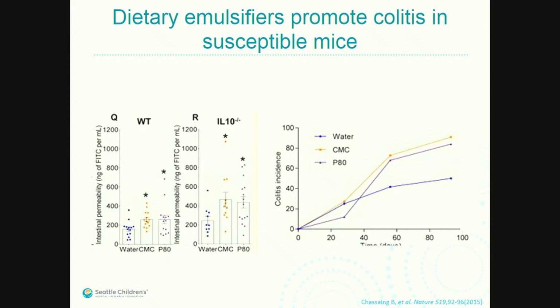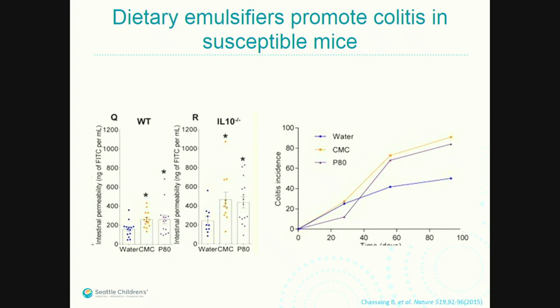But what was interesting about this study was what they saw with regards to the incidence of colitis. So again, these animals are genetically predisposed to developing colitis. And if they were just fed water, about 40% of them would develop the inflammation within the colon.